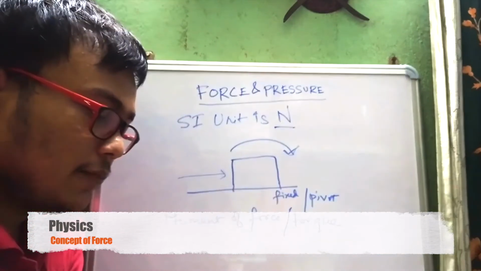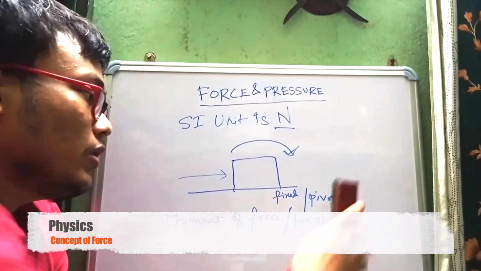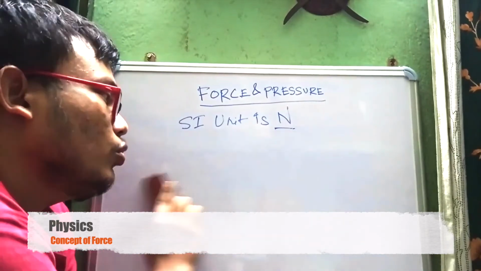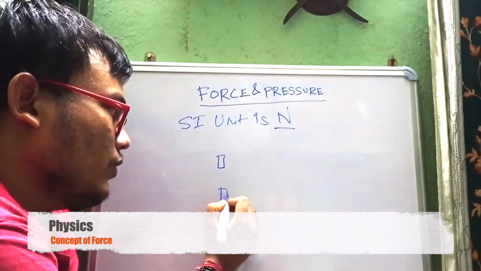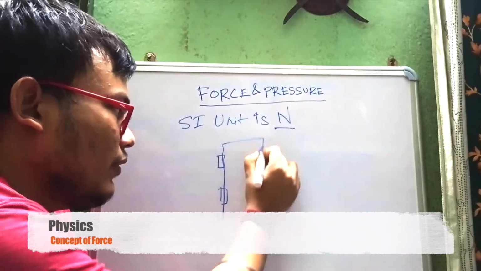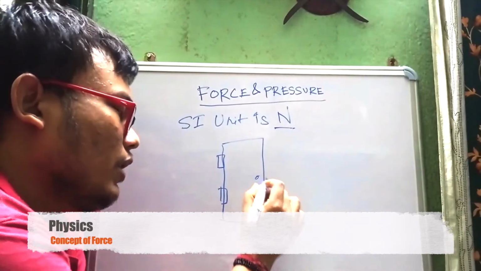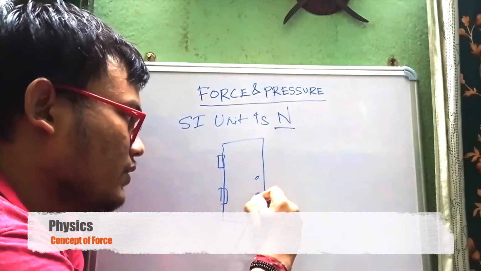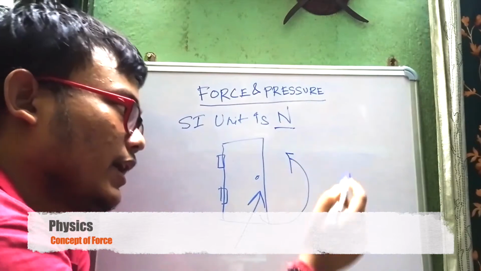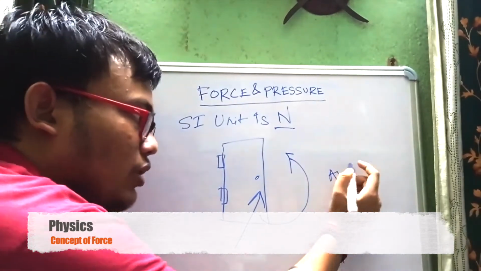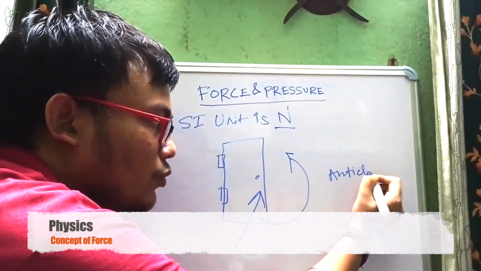Now take an example. Let's say we have a door, and these are the hinges of the door. We all know these are the hinges. If we apply force in this direction, the door will open in an anti-clockwise motion.